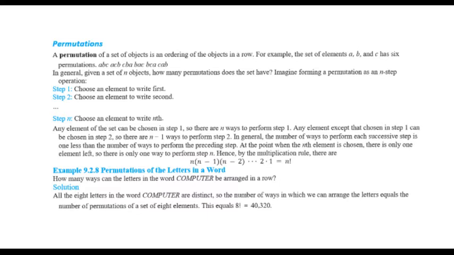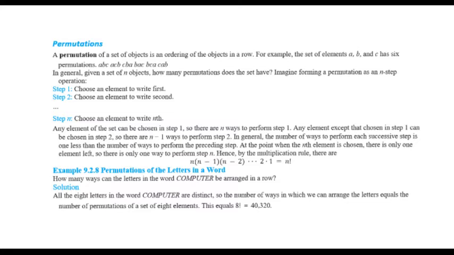So in general, if you have n different elements in a set, the question is how many permutations does this set have? And to find the answer, we can imagine forming a permutation as an n-step operation. In the first step, you're going to choose the element who comes first.